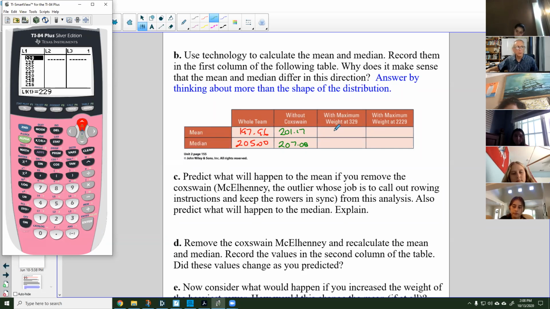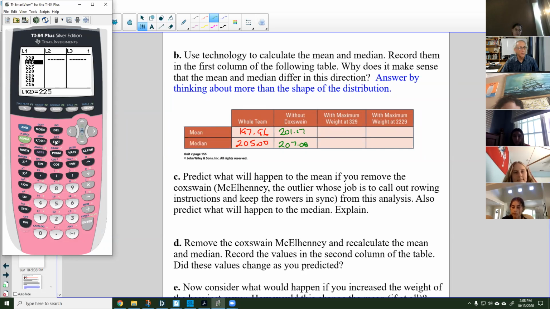So let's ask a question here. And we're asking Alexi. Alexi, if I make the heaviest guy 329 instead of 229, is the mean going to go up or down? I feel like the mean would go up. And I think that is correct. Let's find out. So I'm going to change this. It's highlighted. So I'm going to go 329 and hit enter. So now that's 329.